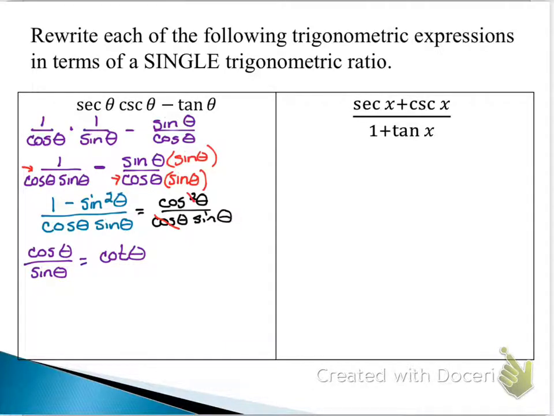So here, secant x over cosecant x, 1 plus tangent x. And so on this one, I'm going to go ahead and write it in terms of sine and cosine. Secant x is 1 over cosine x.